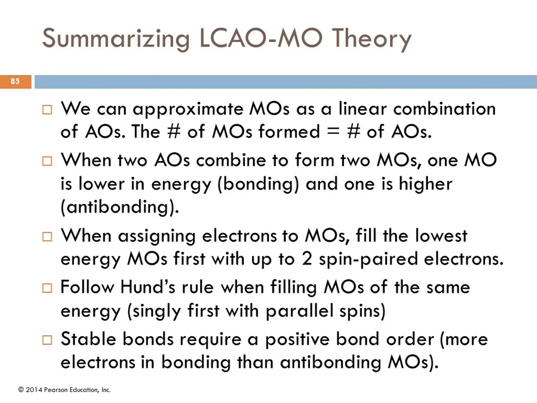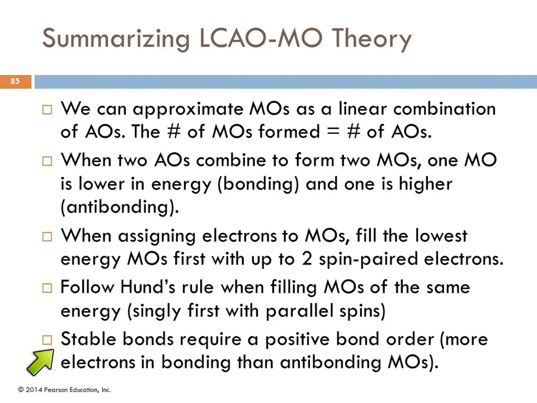So after you draw the molecular orbitals, you're going to fill them up, you're going to do the same thing that we did with the atomic orbitals, and fill up the lowest energy orbitals first. You're going to do Hund's rule, which is put them in singly first with parallel spins and then pair them up, because they're still riding the public bus and they prefer to have a seat by themselves until they have to share.